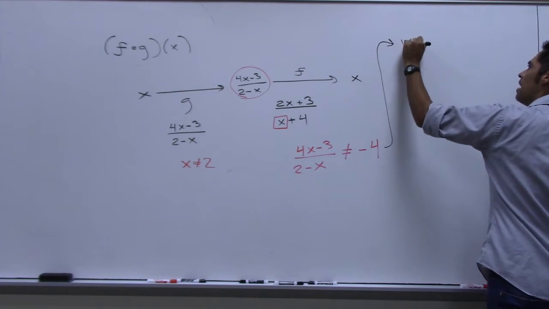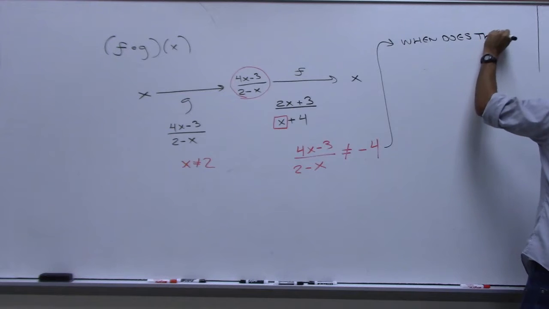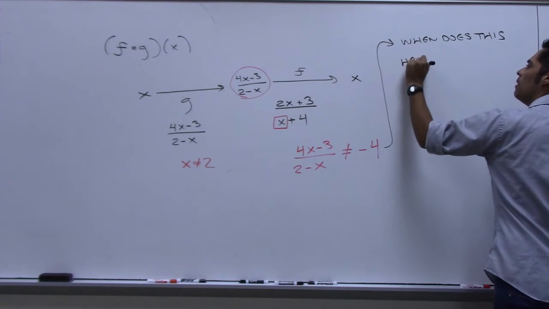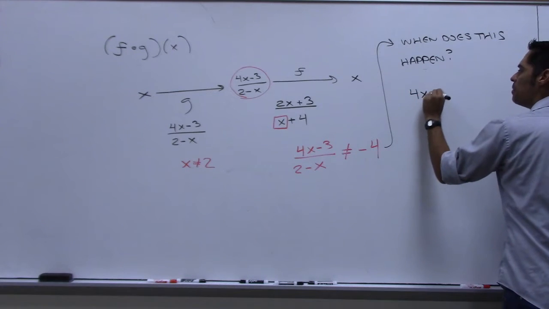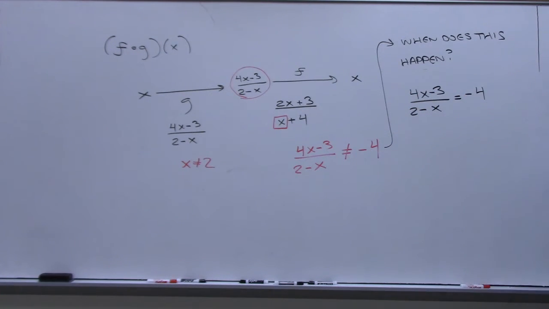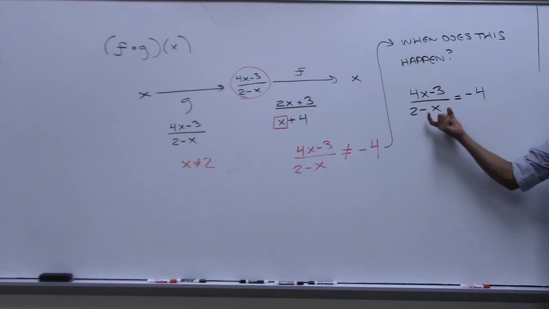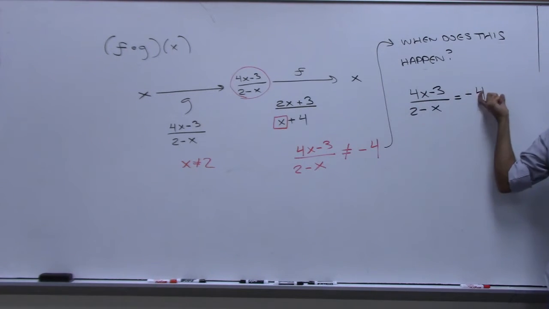So when does this happen? When does 4x minus 3 over 2 minus x equal -4? So how would you solve this equation? Multiply both sides by the LCD.